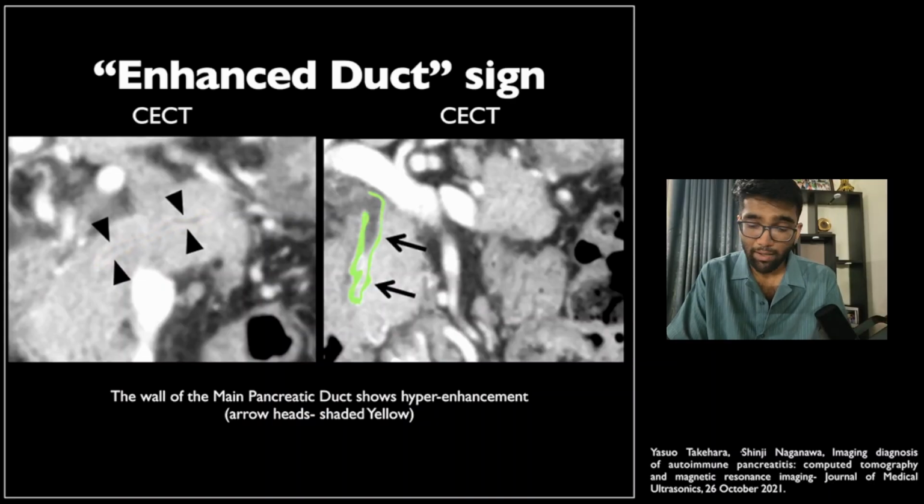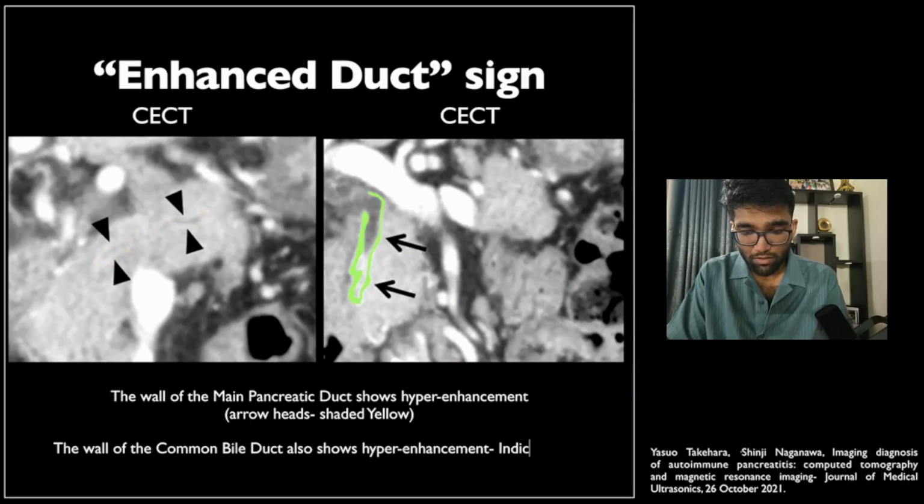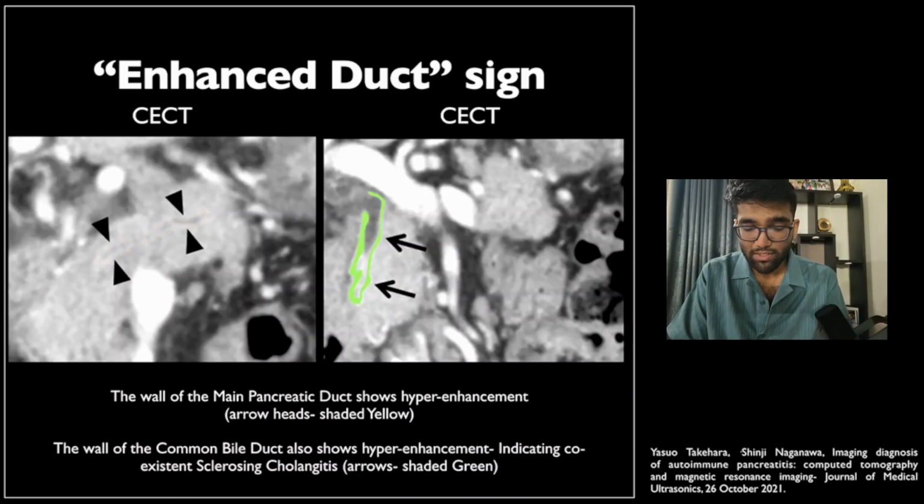Similarly, you see a similar hyperenhancement in the wall of the common bile duct that I've shaded in green. So this indicates the presence of coexisting sclerosing cholangitis that would again increase the possibility of it being autoimmune pancreatitis. And this finding, however, could indicate that it is type 1 autoimmune pancreatitis over type 2. That is the presence of hyperenhancement in the common bile duct. So this is called the enhanced duct sign.